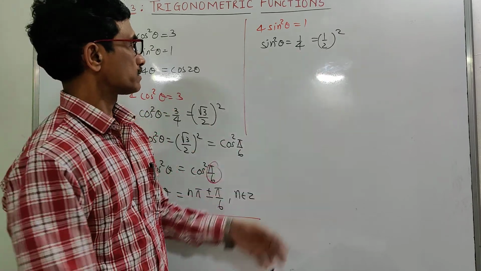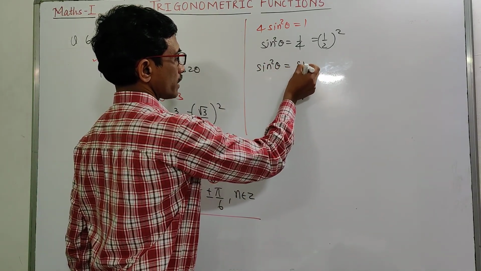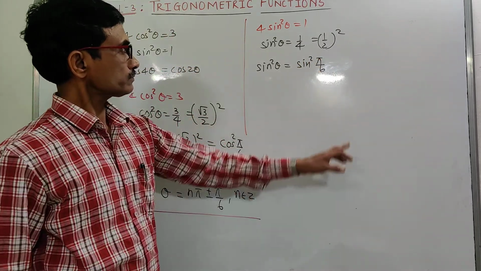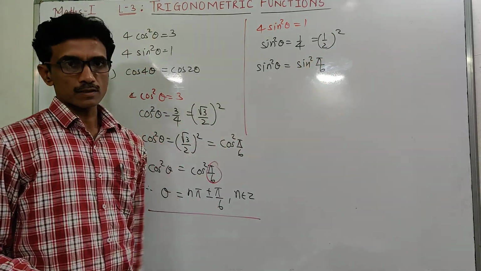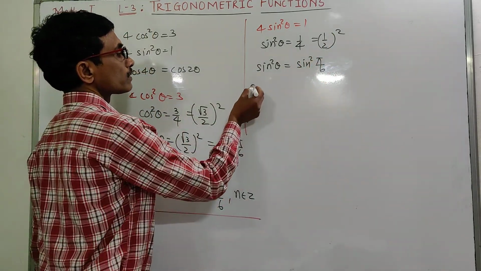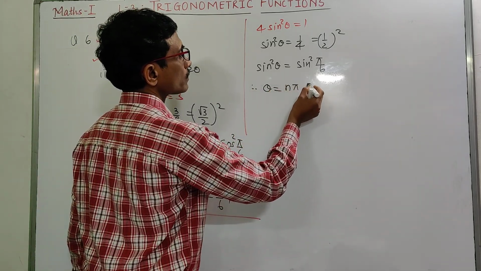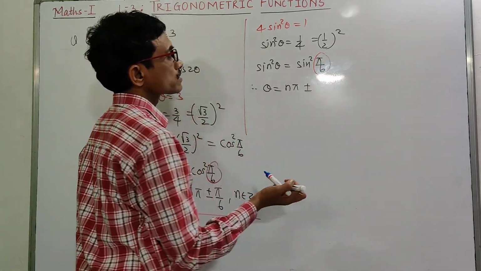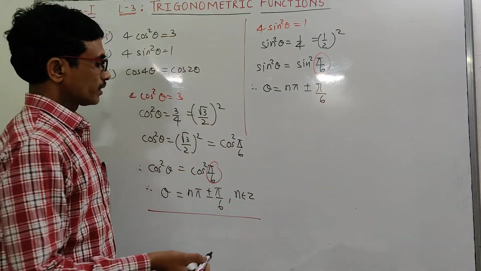Pi by 6, sine of 30 degrees. Sine square theta is equal to sine square pi by 6. Therefore theta is equal to n pi plus minus pi by 6, where n belongs to Z.